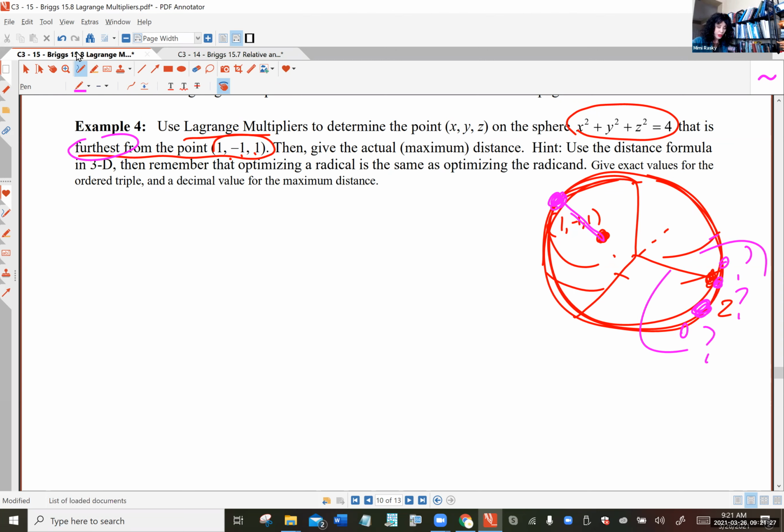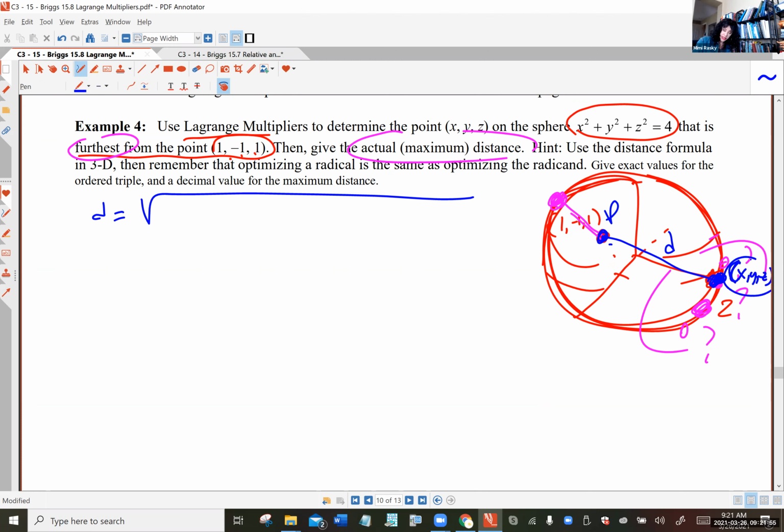So what are we trying to do? We're trying to maximize a distance. So if here's the point P and we want the point, we'll call it D here, that's furthest away, the max distance. Remember the distance between 2 points, you know that formula because we did it the first week of class. I don't know what the coordinates are for the mystery point, so I'm just going to give it arbitrary coordinates x, y, and z on the boundary of the sphere.